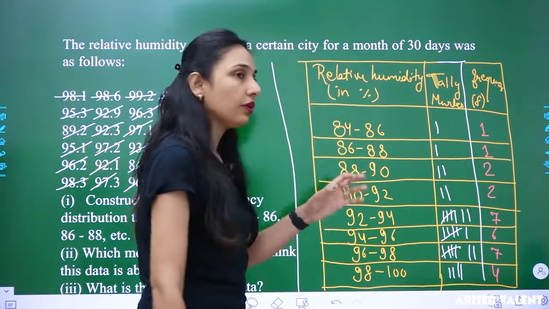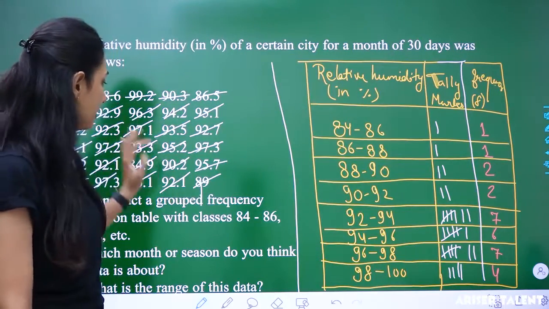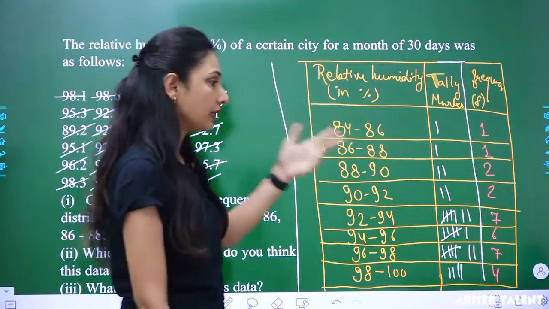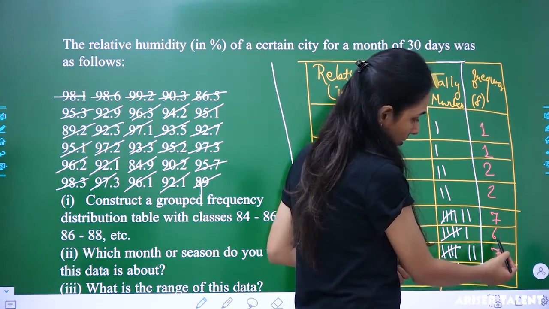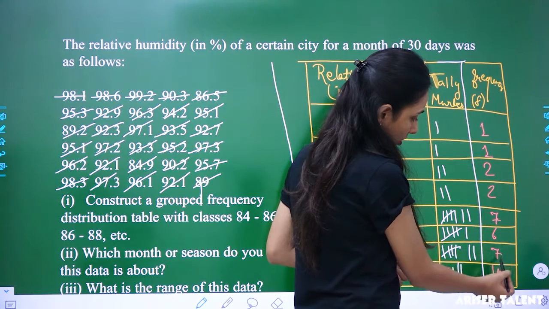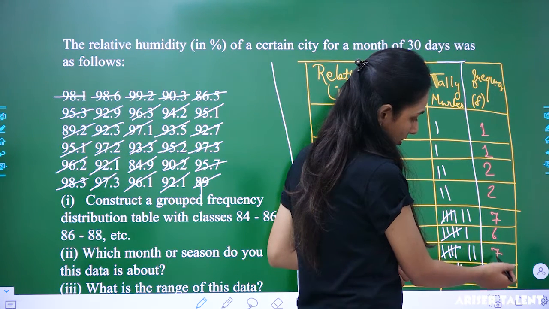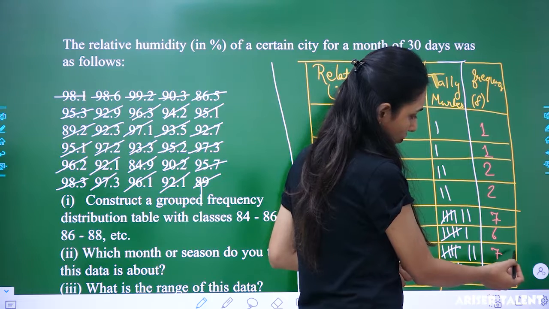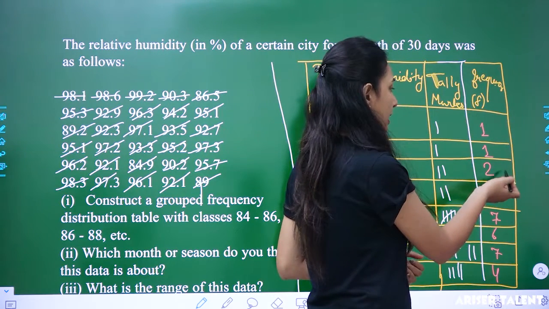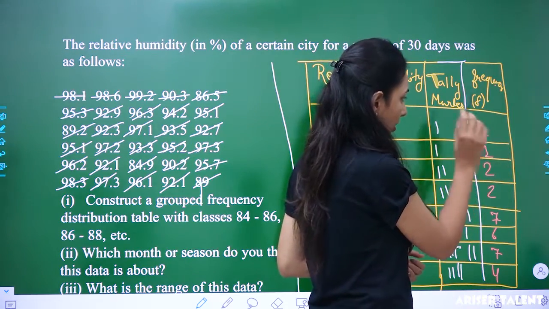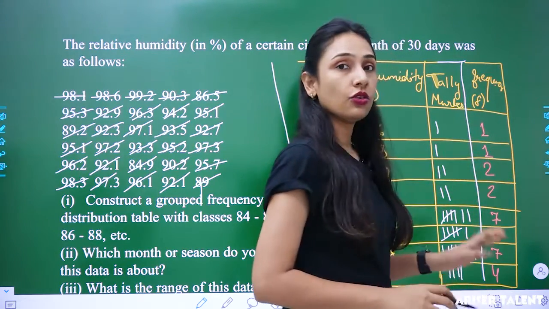Now we have to count it, in case we have missed something or something is wrong here, so we can cross check it. So in total this is 30.